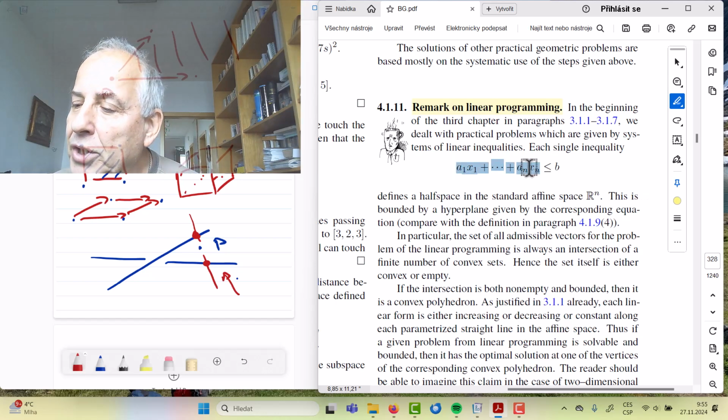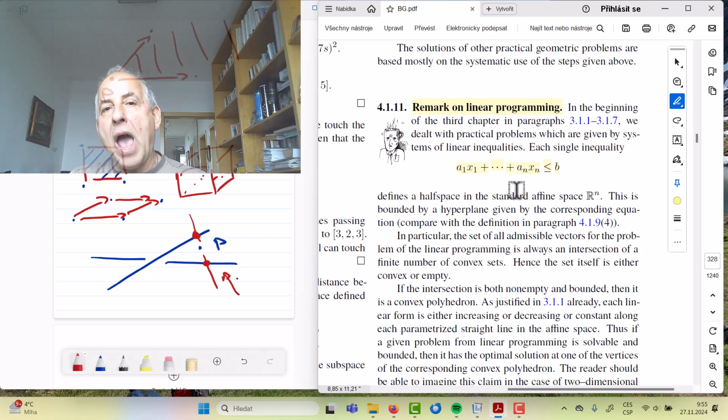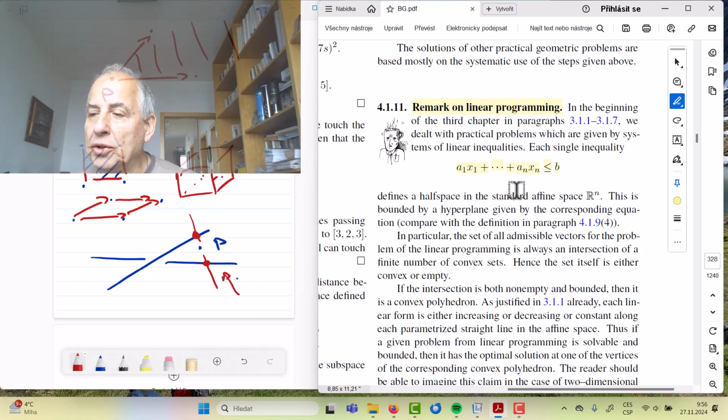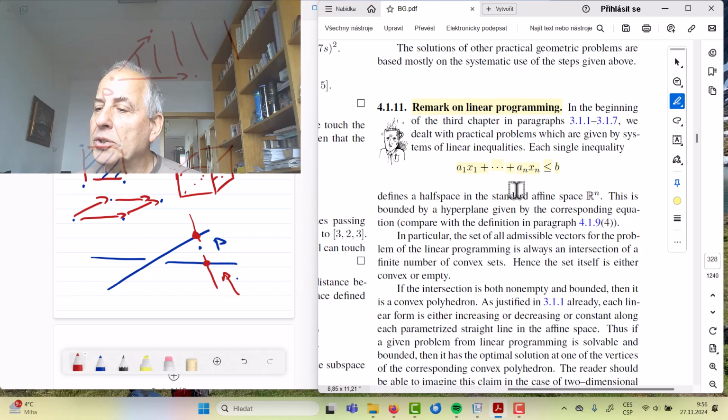And the point is that if you take every single one of the inequalities in the definition of the problem, you see that the allowed configurations, so the eligible points to look at the value function, are actually describing a half space, right?